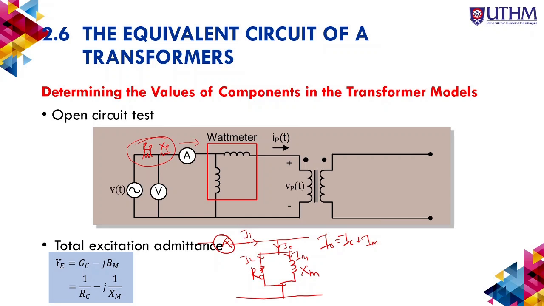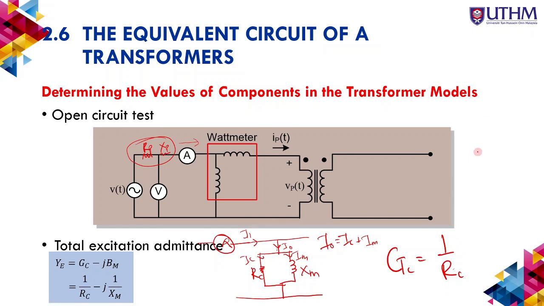So for RC, to get the RC, the conductance of the core loss resistor is given by, so the conductance kita macam tukarkan lah kita representkan dia, GC equal to 1 over RC. Okay, 1 over RC.